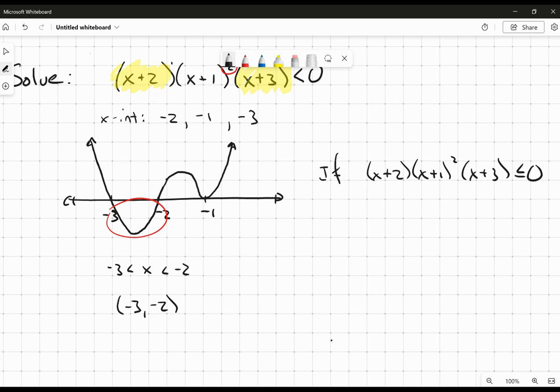And so what I would have written here is -3 is less than or equal to x, which is less than or equal to -2. I'm going to include the endpoints there, but I'm also going to include that -1, the value where x is equal to -1.